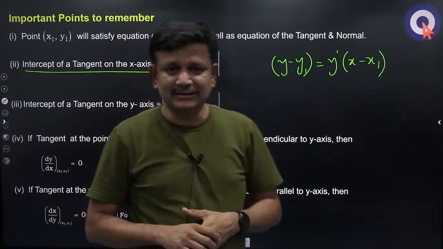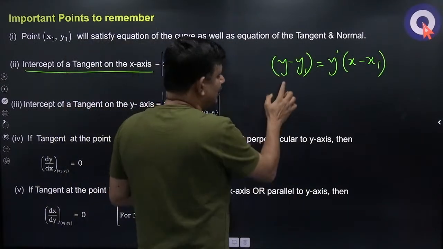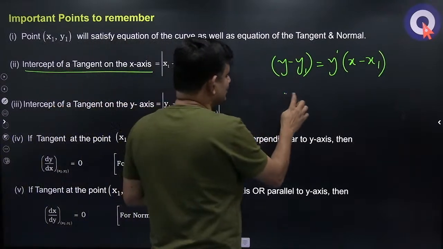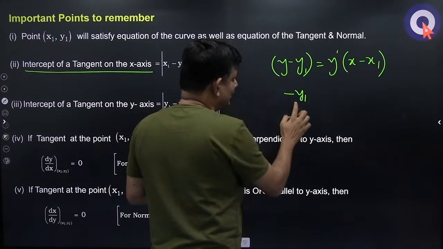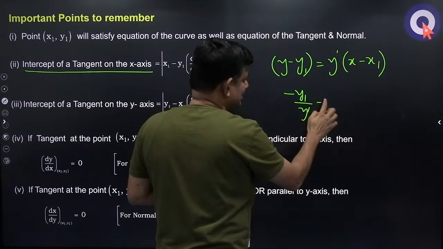For finding the tangent intercept on the x axis, we have to put y equal to 0. Once you put y equal to 0, minus y divided by y dash is equal to x.